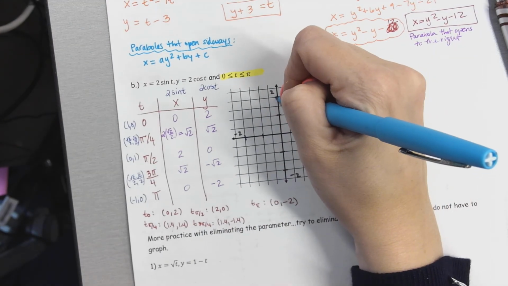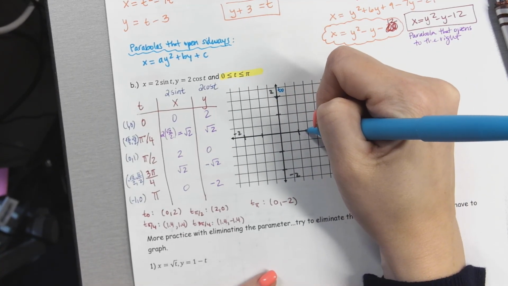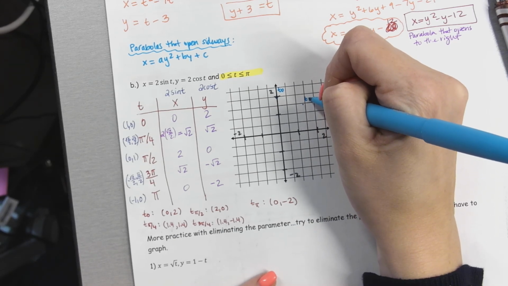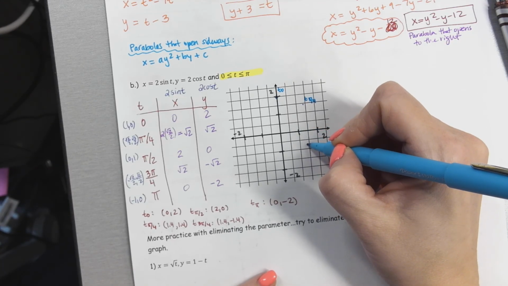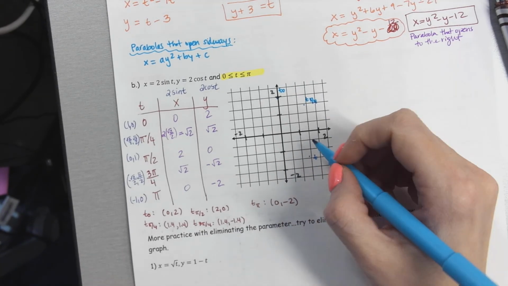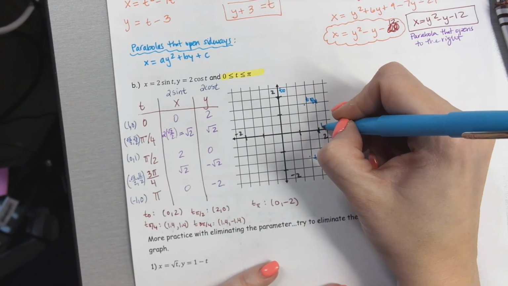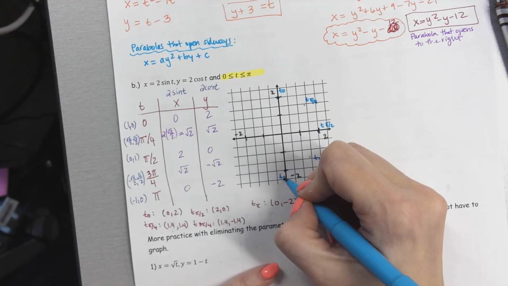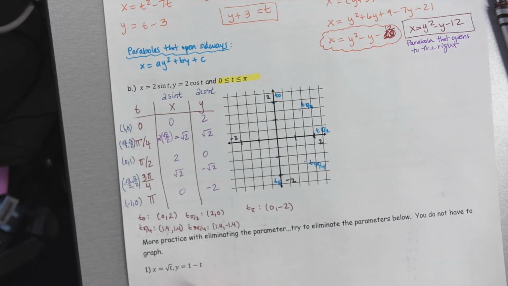All right, so we have 0, 2, that's our t sub 0. And then 1.4 is almost going to be there to that line. Do you guys know how you're supposed to connect those, what shape it's going to be?